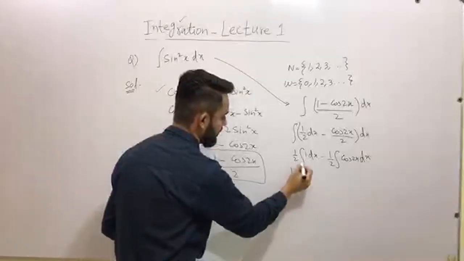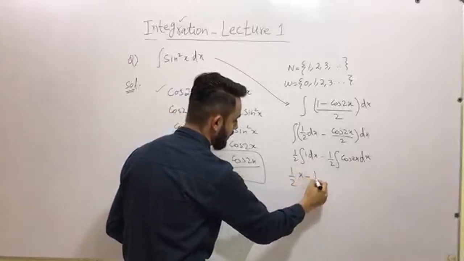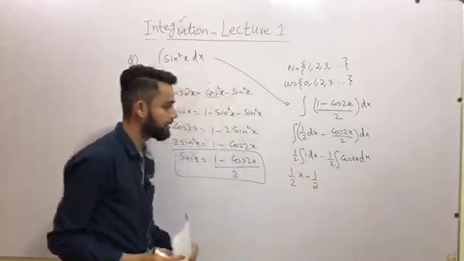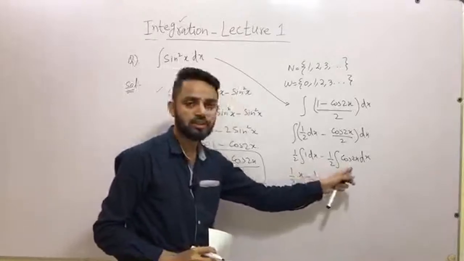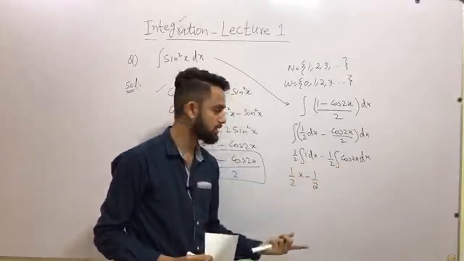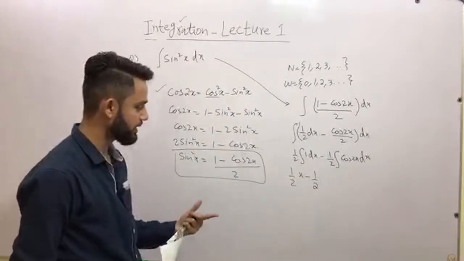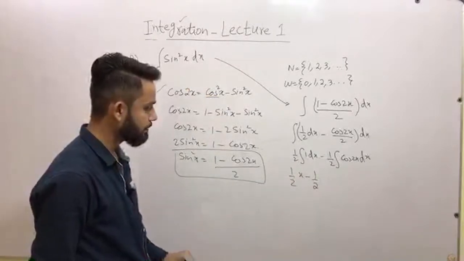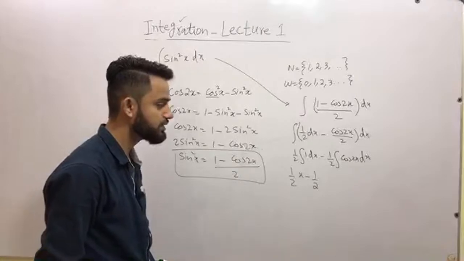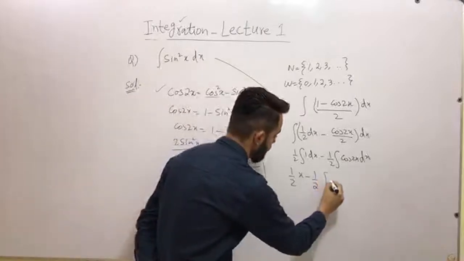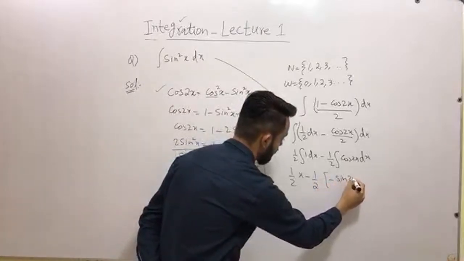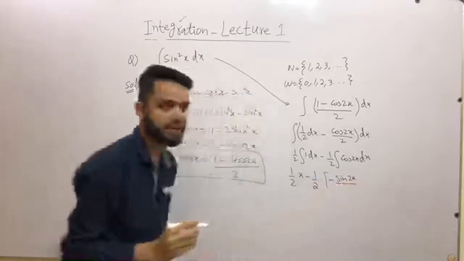This 1 over 2 times the integration of 1 is basically x, minus 1 over 2, and the integration of cos 2x is basically sine 2x. Positive sine 2x or minus sine 2x? Let me see, it's going to be positive sine or minus sine. I think it's minus sine. Yeah, so minus sine 2x, and then you are not done yet.